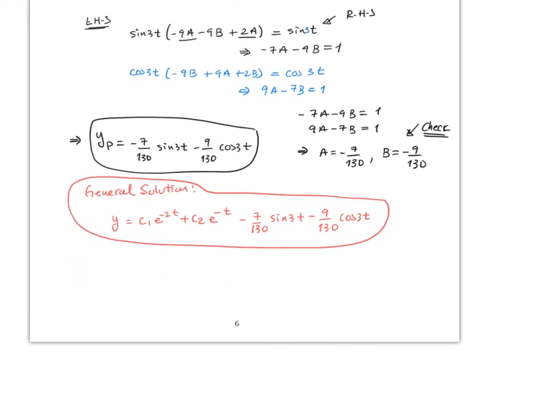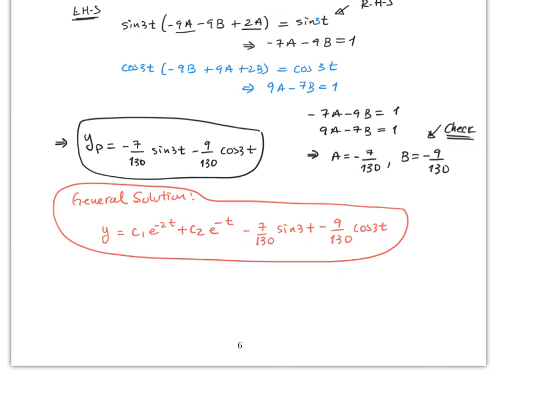All right, before we finish this example, let me tell you one thing that you should be careful about. So note, let's say that you have y double prime plus 3y prime plus 2y, but let's say that this was equal to only sine 3t, okay?